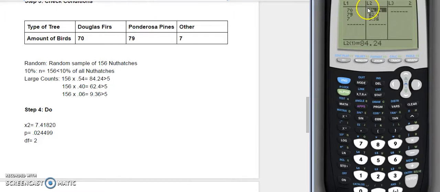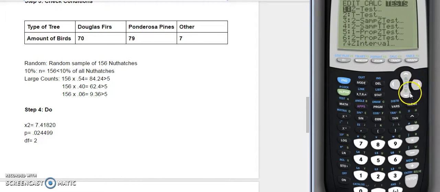84.24, 62.4, and 9.36 are all of our expected values. From here, we're going to click on Stat. Scroll all the way over to the right to Tests. From there, scroll all the way down to chi-squared goodness of fit test, or GOF.